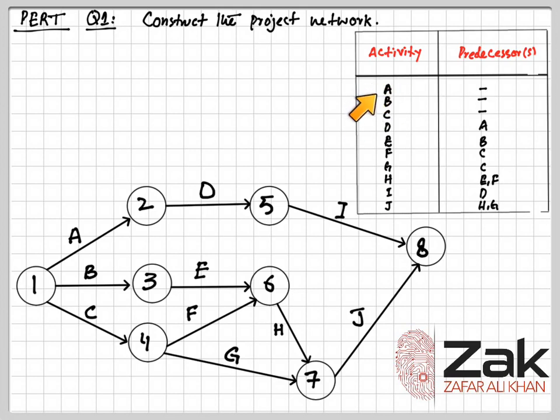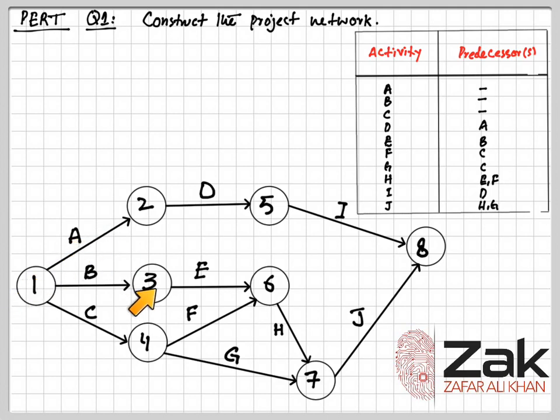All 3 activities A, B and C start without any predecessor, which means they all start together from node 1. A starts, and when A ends, it should end at another node, the second node. We make it 2, and the arrows show the activity.